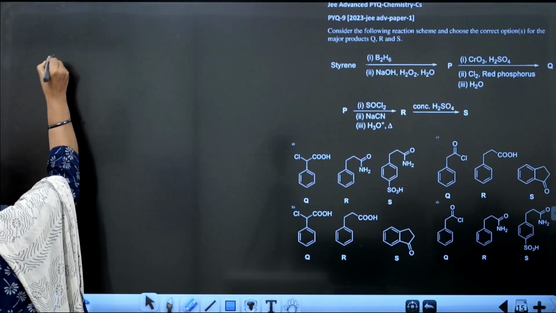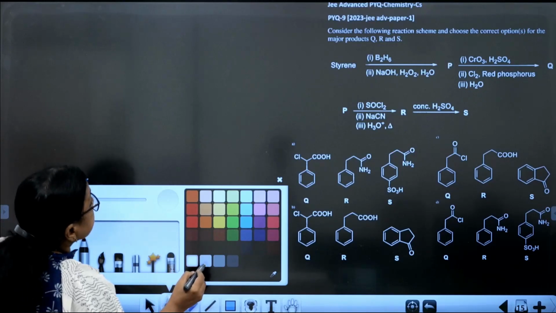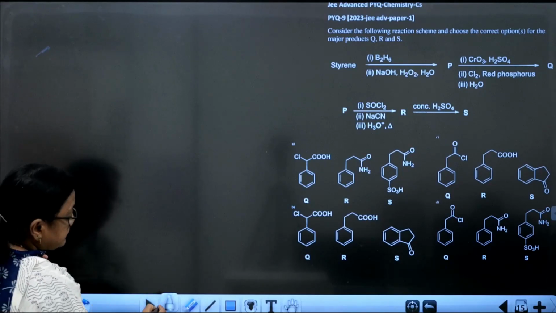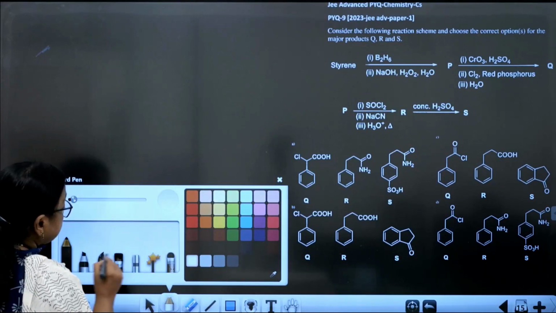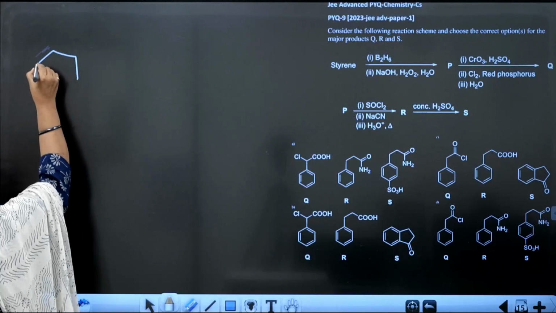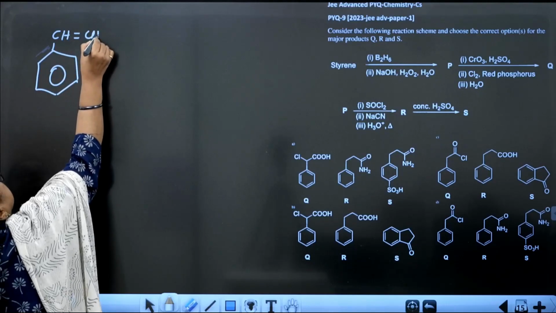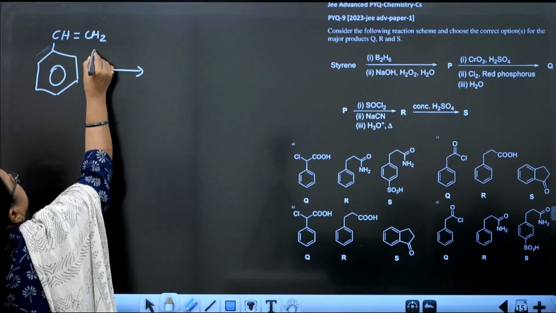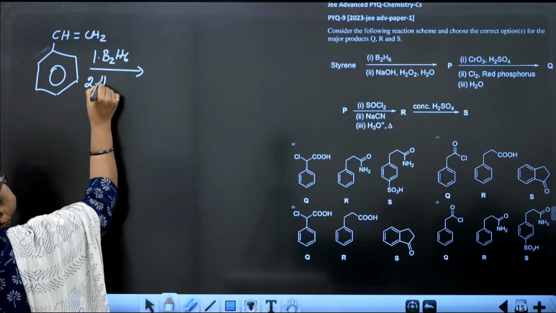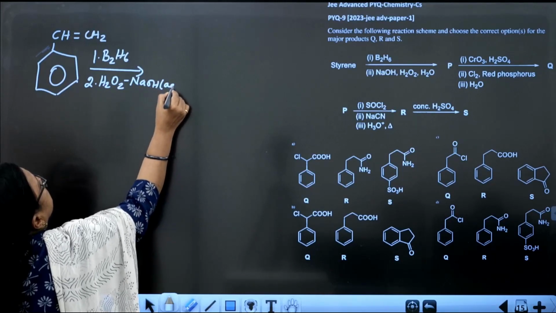We start with styrene. Styrene is C6H5 CH double bond CH2, and this is subjected to hydration, addition of water across the double bond, first diborane followed by H2O2 in alkaline medium.